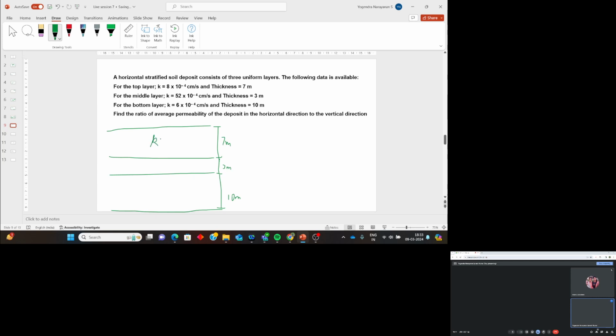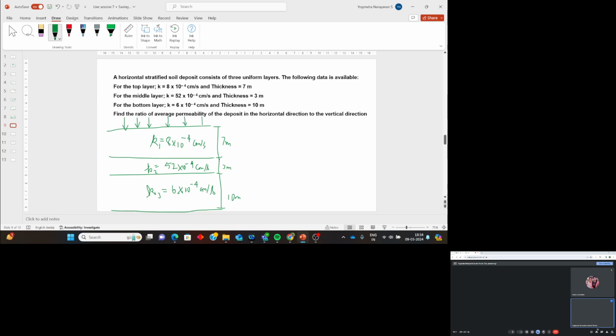Now its permeability is 8 into 10 power minus 4 centimeter per second, and its value is K equal to 52 into 10 power minus 4 centimeter per second. Let this be K1, this is K2, this is K3, 6 into 10 power minus 4 centimeter per second. Now first condition is water is flowing like this.